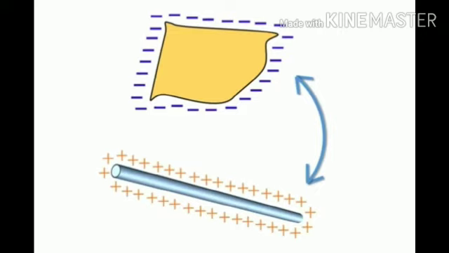Hence, the total number of negative charges in the glass rod is less than the total number of positive charges. Hence, the glass rod becomes positively charged, and as the silk gains electrons, it becomes negatively charged. But students, we cannot tell by looking whether these objects are charged or not, and hence we use an instrument called an electroscope to check whether the object is charged.